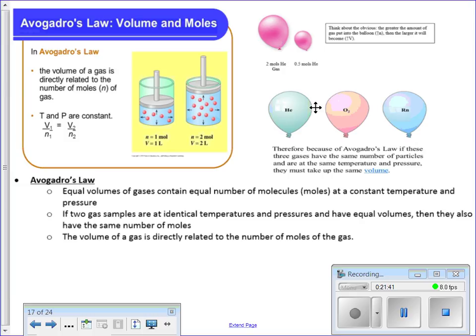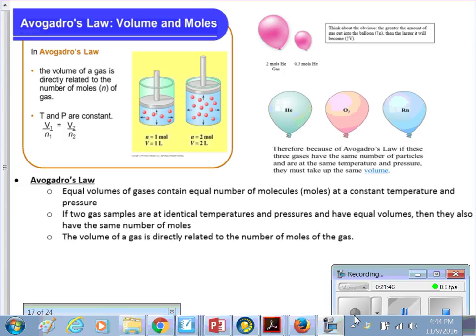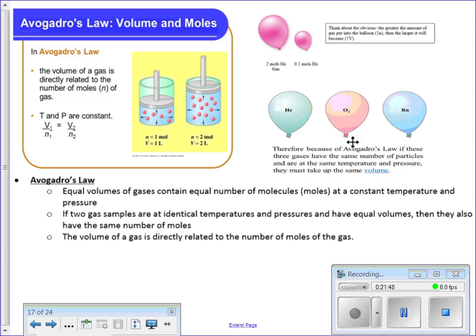This also becomes important because if I look here, I have helium, oxygen, and radon. If all of these balloons are at the same temperature and pressure, and they all have the same volume, volume is directly related to the number of moles.